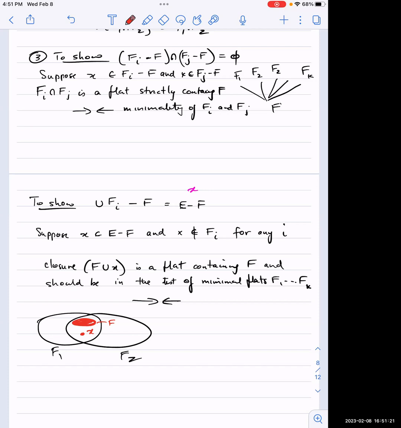It's a little hard to draw, but suppose there's some member here that's not in any of the Fi's. Then closure of F union X is a flat containing F, and that should be in the list of minimal flats F1 to Fk, and it's not. All right, that's it.